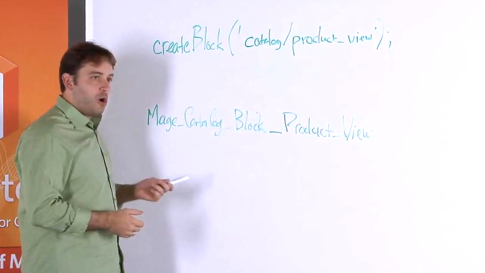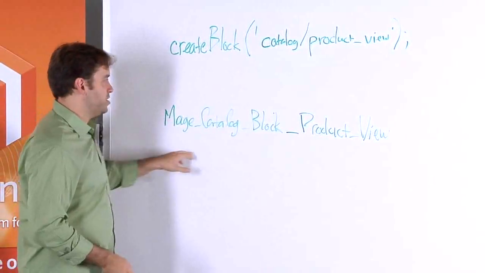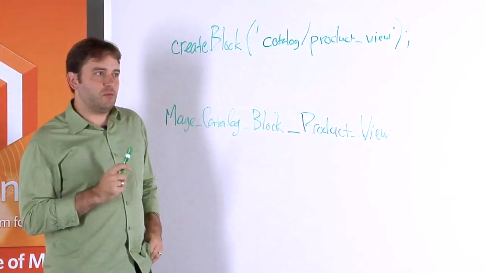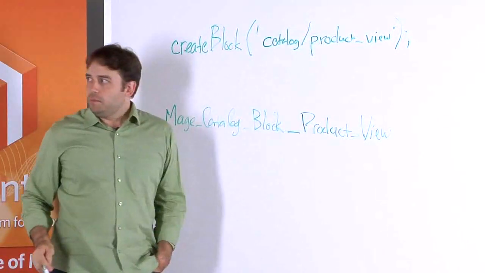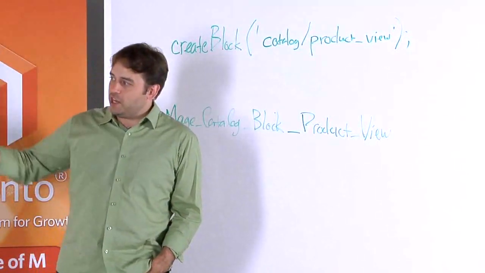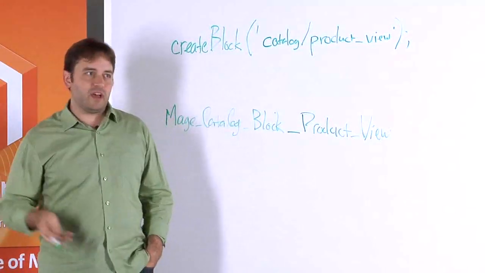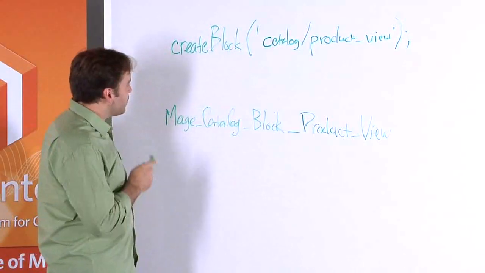Like you're normally used to instantiating classes in PHP, you would just say, new Mage catalog block product view. What happens, though, is that before PHP would throw a fatal error because it doesn't have this definition loaded. When the application is instantiated, you don't have all these files being included and evaluated. It would be really slow if you did.